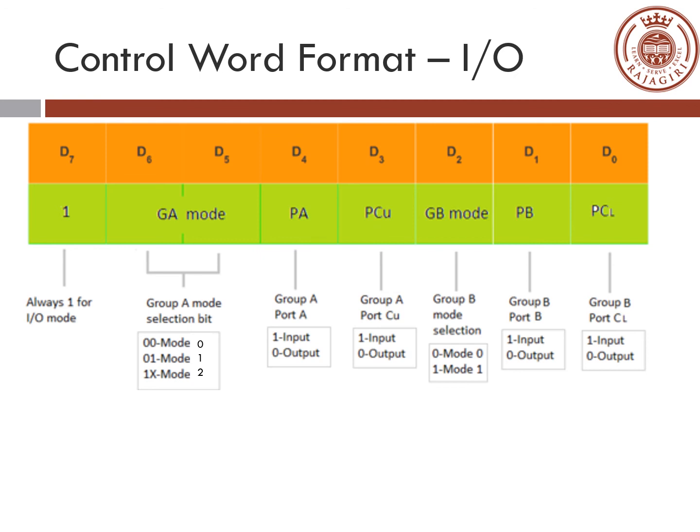Bit D0 of the control word is used to program the lower bits of port C which belong to group B in these modes. So 1 would make the lower bits input, and 0 would make the lower bits of port C output.